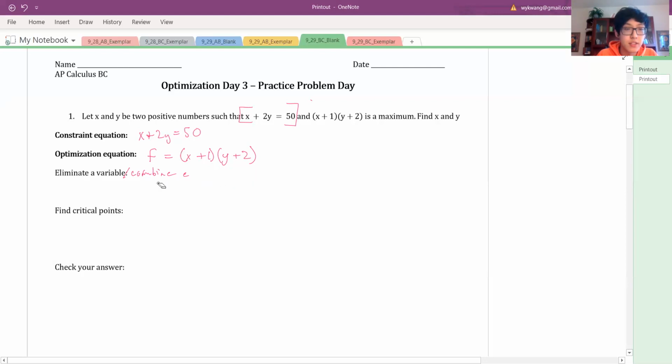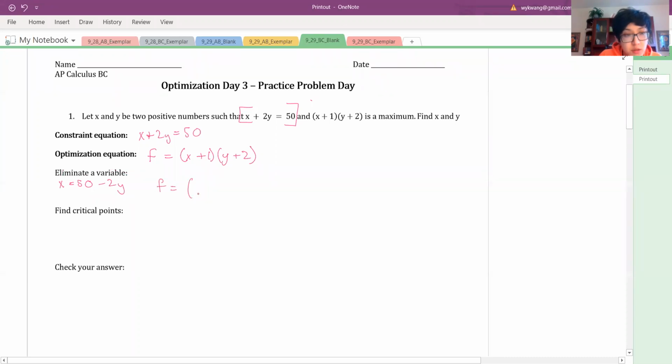So in this case, let's just take our constraint equation, which is x plus 2y is equal to 50. Instead, we're going to write that as x is equal to 50 minus 2y. Right, so now we have x. We now substitute x into our second equation, so now we're only dealing with y.